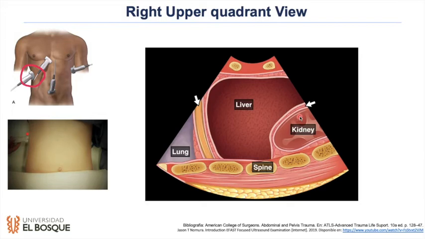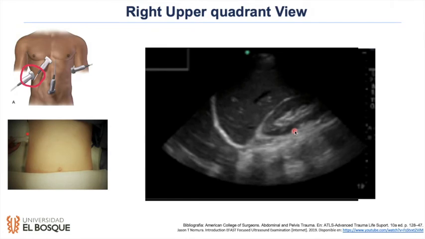So, since the predilection of the fluid is to collect in the right upper quadrant, it is the first view that you are going to be performing during the FAST exam. And also you can see here the perihepatic area, but remember the Morrison's pouch here. So this is what you're going to see on the exam.